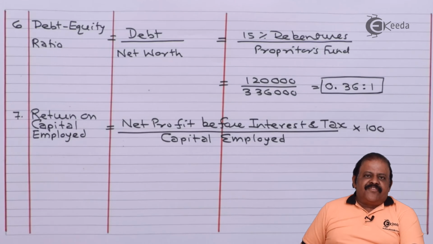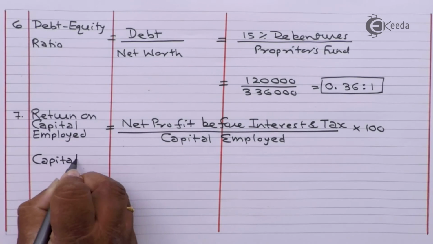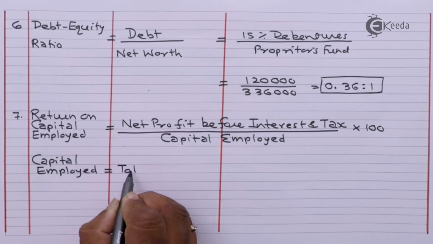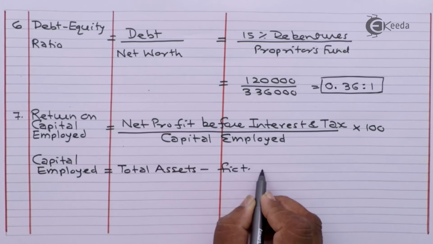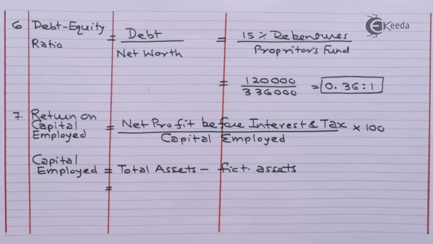Let us calculate first capital employed. If we adopt asset side approach, we can get capital employed with this formula: total assets minus fictitious assets.